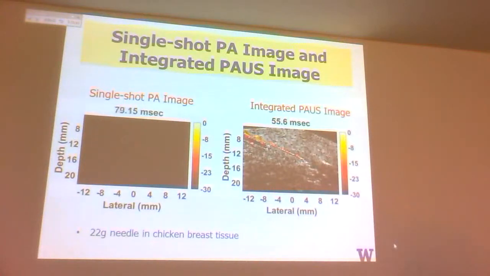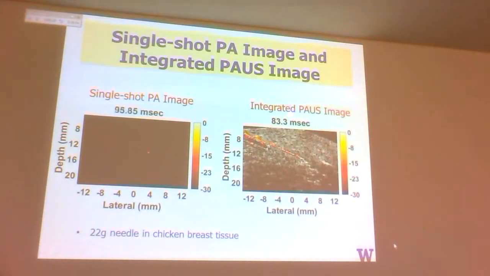Okay, so here's what one of these things looks like. So what is this? On the left is showing if I made only a photoacoustic image, and I reconstruct for each single shot of the laser, that's why this is spinning so fast, I make a micro image of a little area, right?